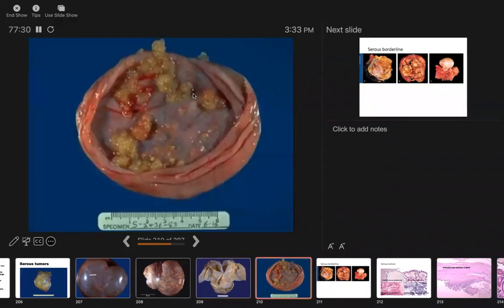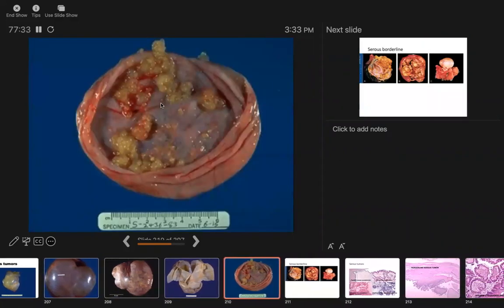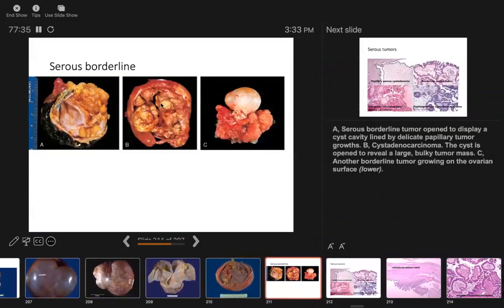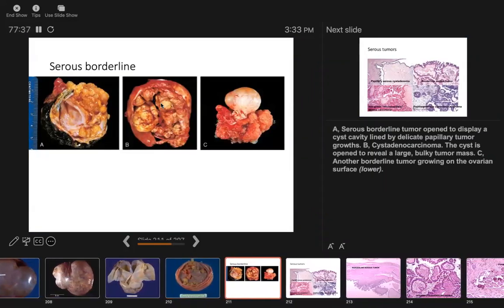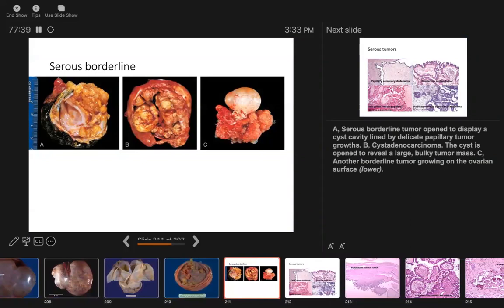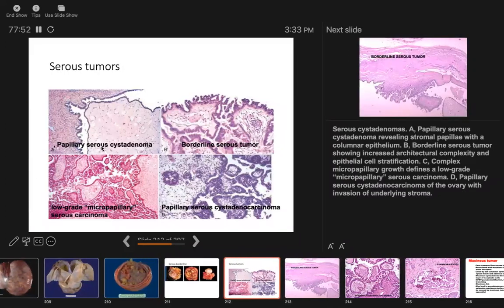Now, if you see papillary excrescences like this, or more so solid areas like this, that's bad news, because often solid areas connote a higher grade. It may be a serous borderline tumor, or it may be serous cystadenocarcinoma. So take a look at this illustration.